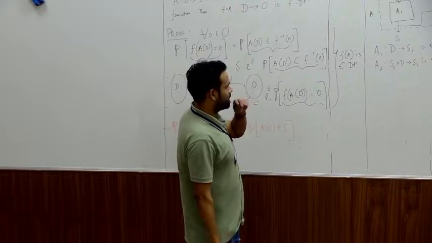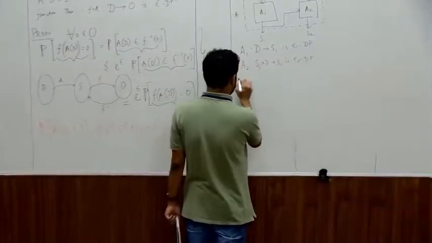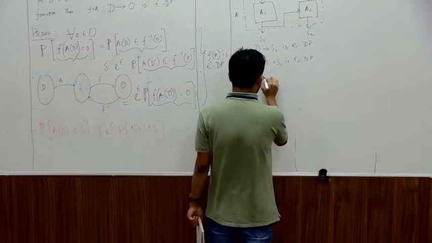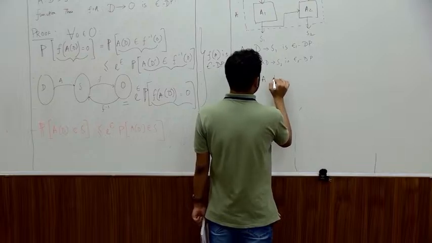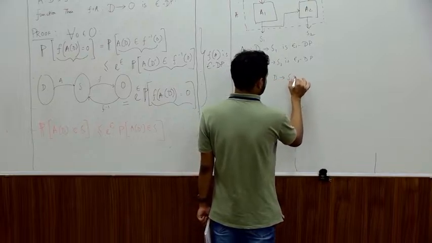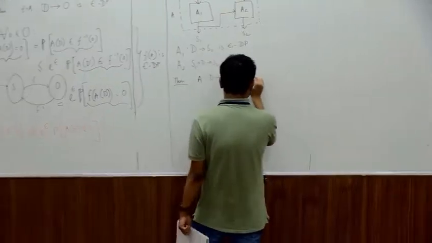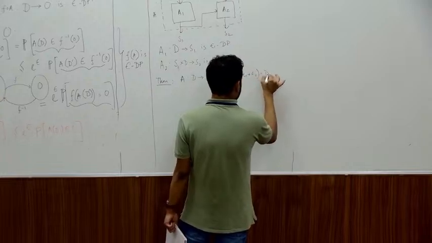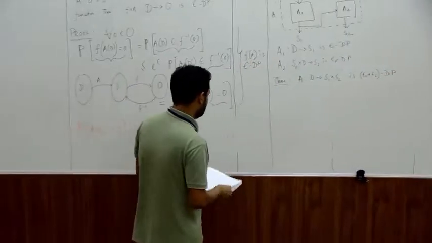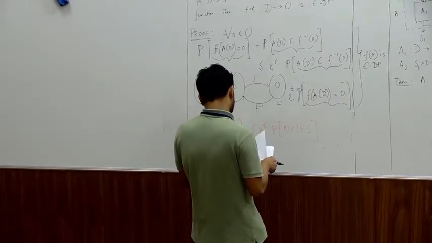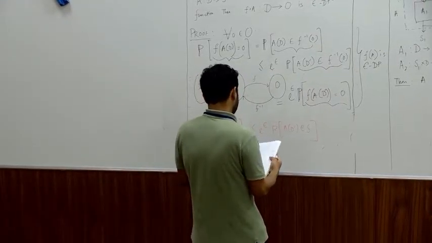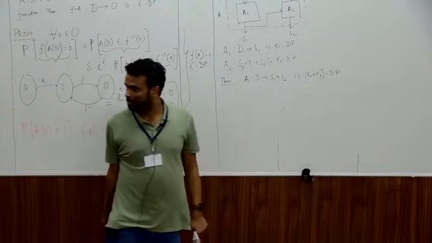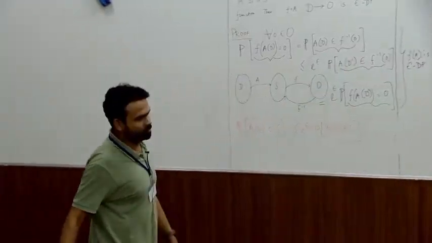Right? So now our theorem was A, which takes D and gives an output in S1 cross S2, is epsilon 1 plus epsilon 2 DP. That was our theorem. All right. Okay, so how does the output of A look like?